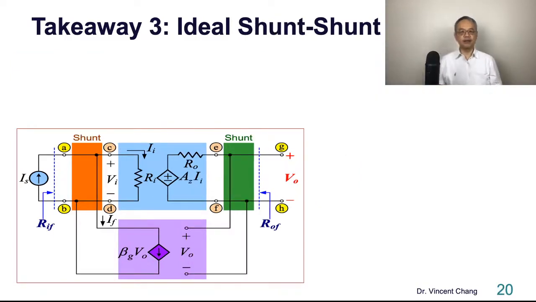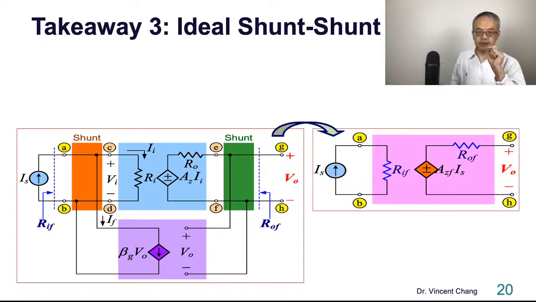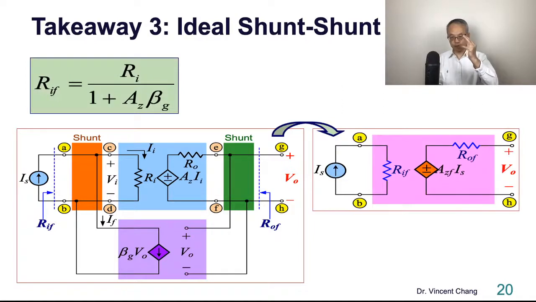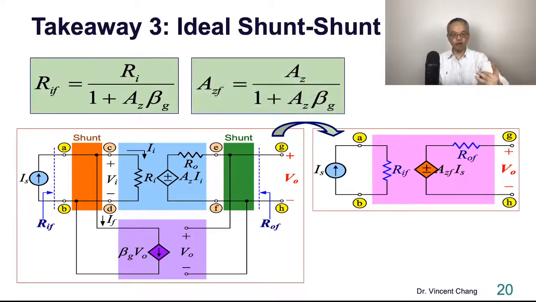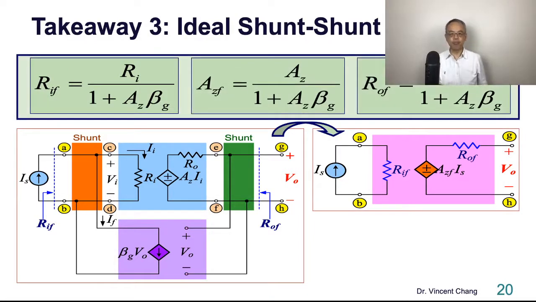The final one, the shunt feedback, trans resistance. When the amplifier is the trans resistance, the dimension of the beta should be conductance. So the RIF should go down, and the ROF will go down as well.